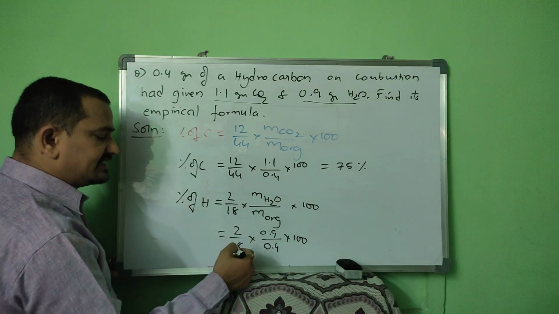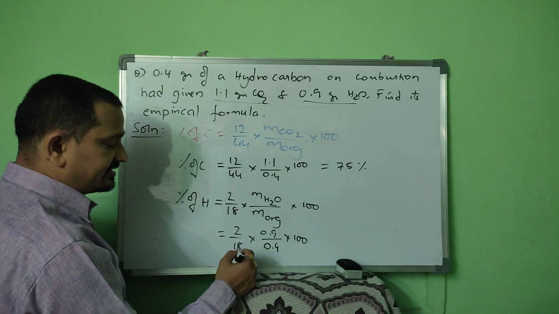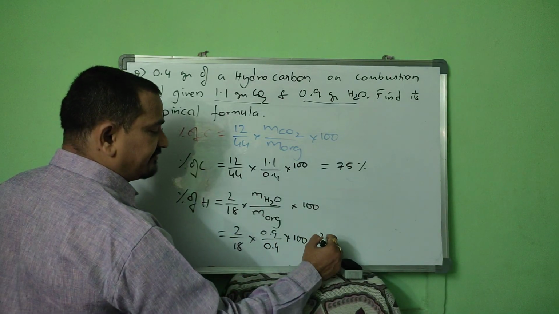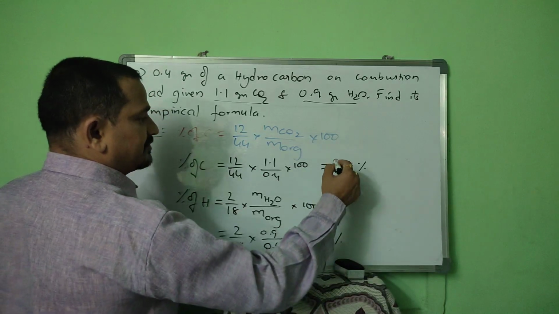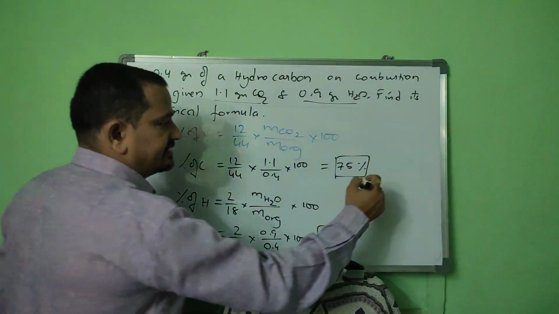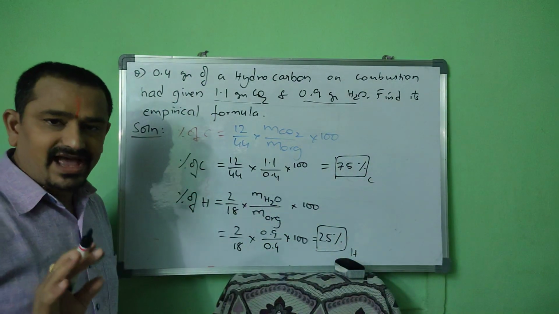So you can calculate, it is 25%. So percentage of carbon is 75, percentage of hydrogen is 25. This is that of carbon and this is that of hydrogen, right?